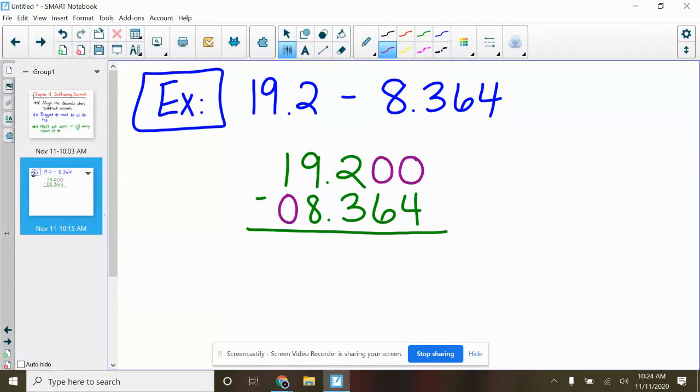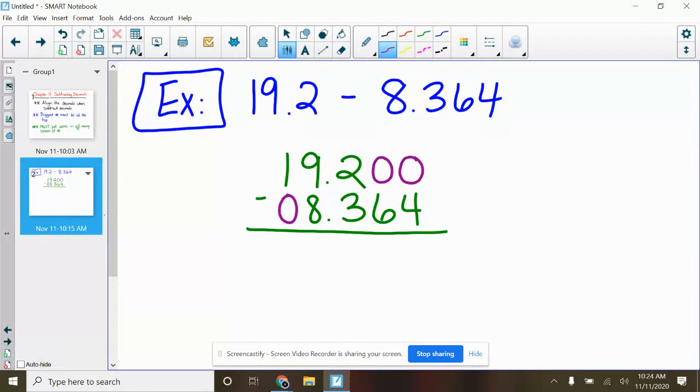I borrowed 1/10, because it's in the tenths place. And that 1/10 that I borrowed is going to travel to the hundredths place, and I'm going to put that little tenth right there.